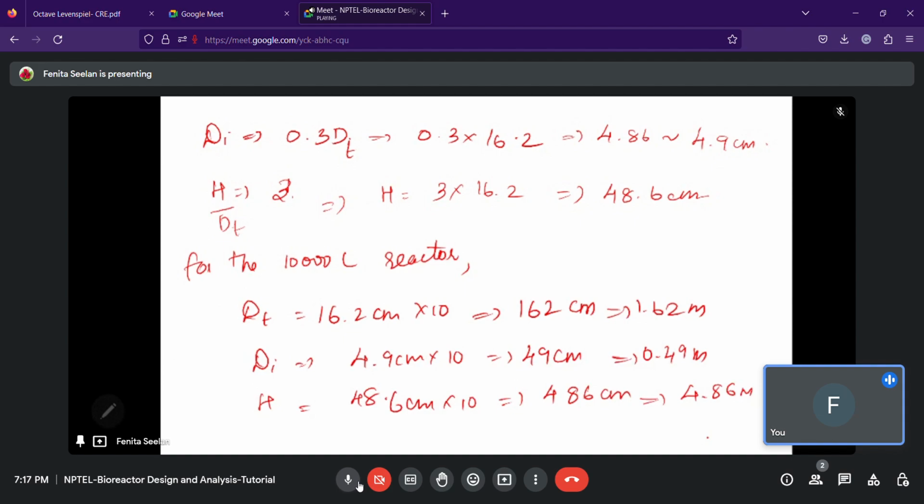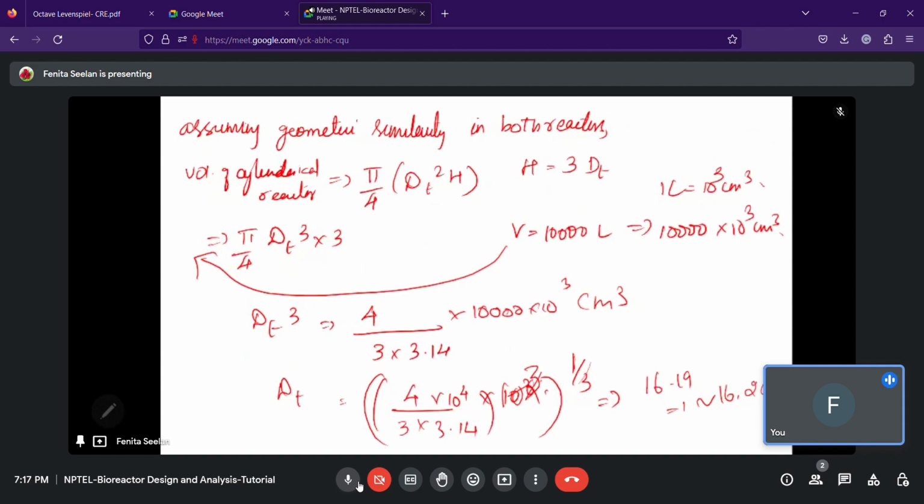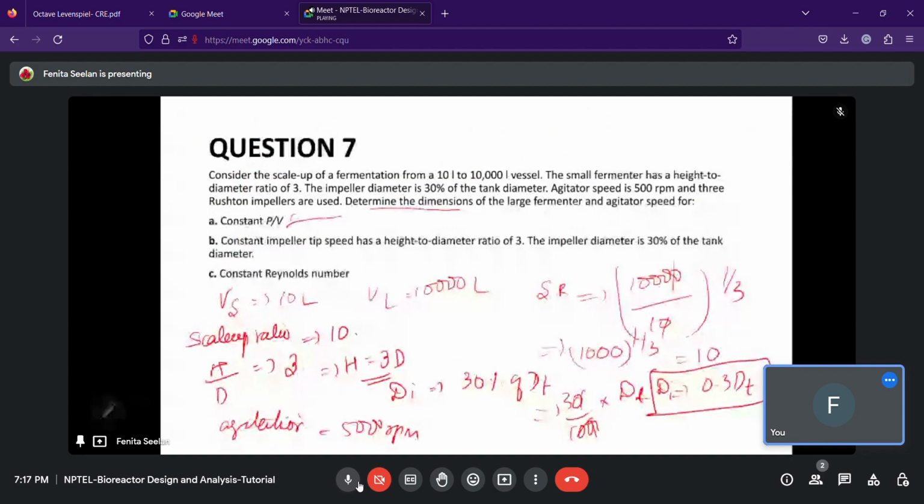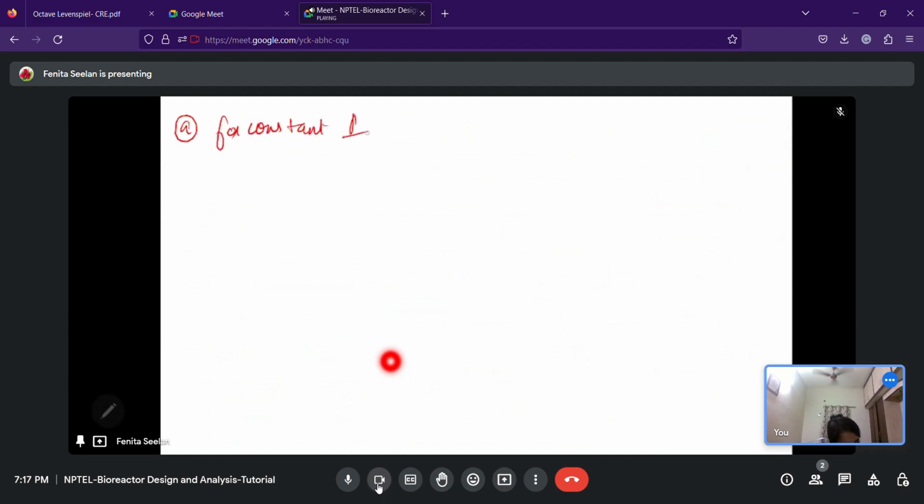So what was asked? It was asked to calculate the dimensions and the agitator speed based on constant P by V, constant impeller tip speed and constant Reynolds number. So for the constant P by V, how do we calculate?